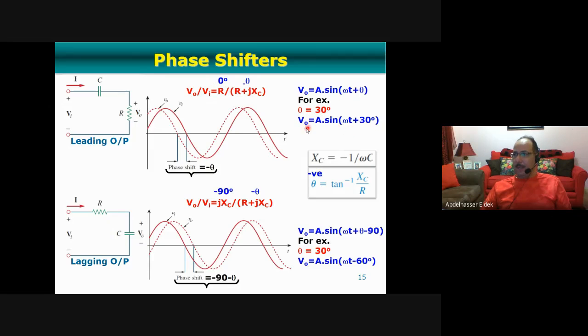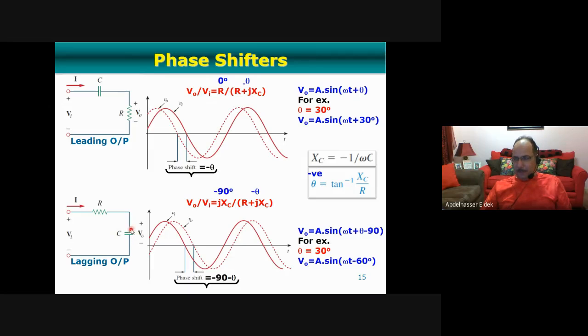This is just an example. If Vin is just sine omega t, the output is A sine omega t plus 30. So in this case, you have a leading angle of 30 degrees. If you want to do the opposite, you can take the output across the capacitor.